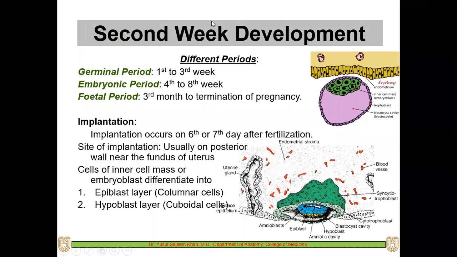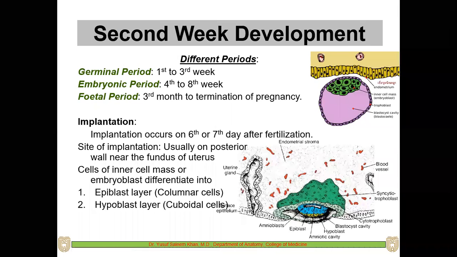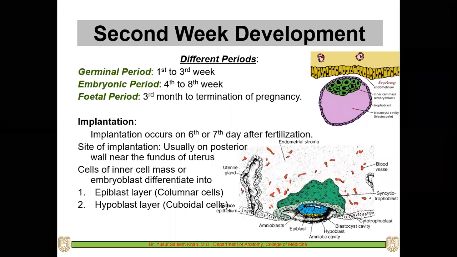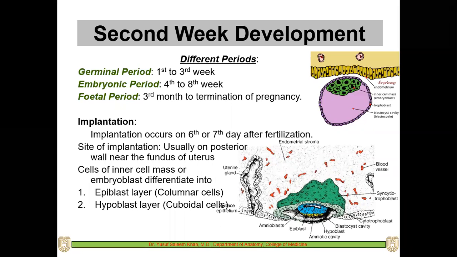So before we proceed further, we should know some terminologies like the germinal period. The germinal period is from the first to third week. Because this is development in the very early stages when we cannot make out whether it is an embryo or a fetus, this period is called the germinal period, from the first to third week of development.